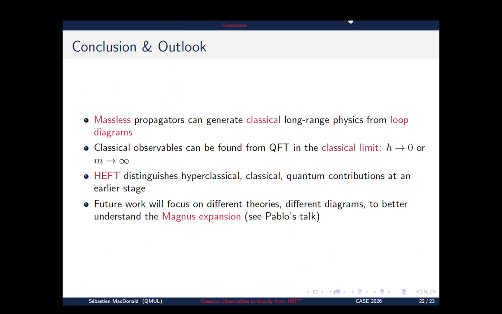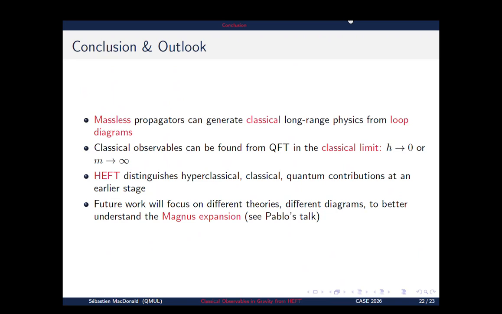So to conclude, hopefully I've convinced you that if you have an interplay between massive and massless particles, massless propagators can generate classical long-range physics, not just from loop diagrams in QFT. You can find classical observables by taking the classical limit, so sending h bar to 0 or a mass to infinity.